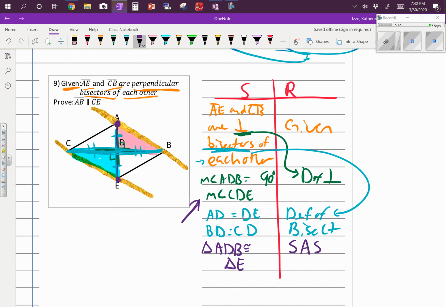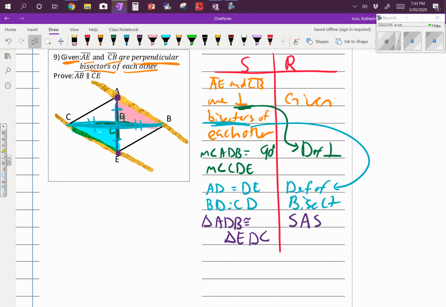So ADB and CDE, totally okay, does not matter which order they're in. But when you're dealing with triangles, make sure you stay consistent. So ADB, A matches with E, D matches with D, and B matches with C. Okay, we've proven two triangles are congruent.